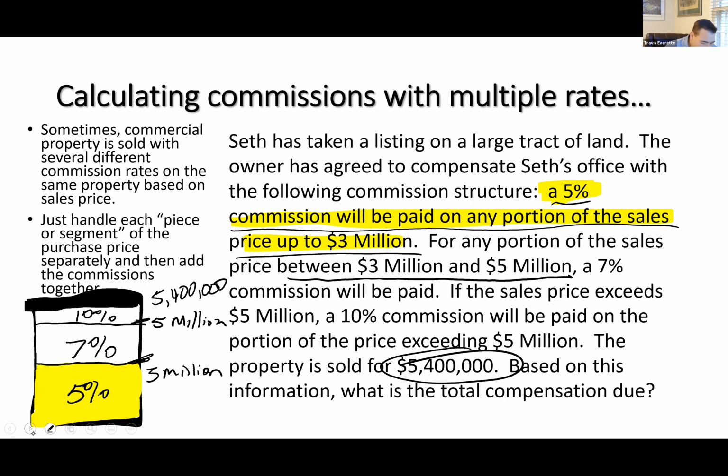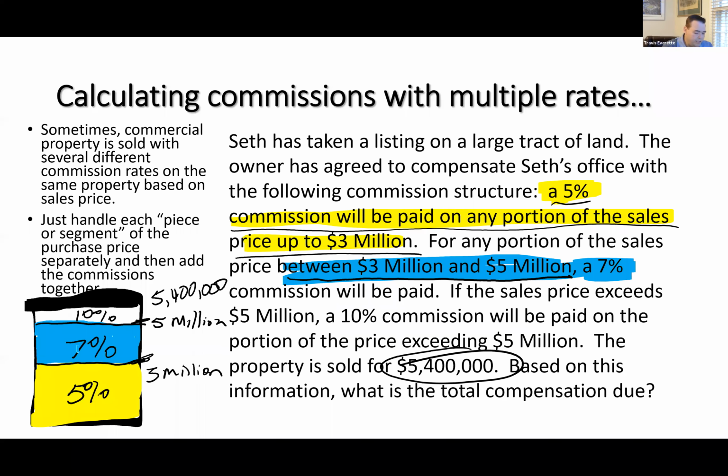And then for any portion between 3 and 5, we get a 7% commission. So here, starting at 3 and going up to 5, basically right there, we get a 7% commission. Okay.